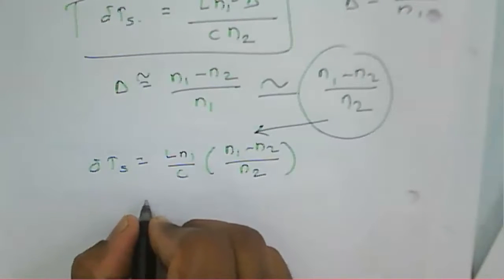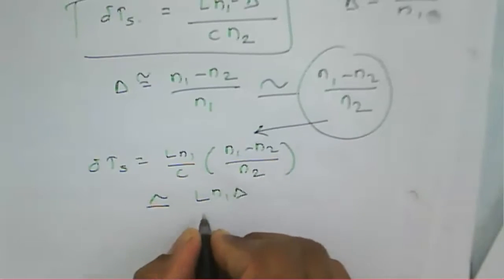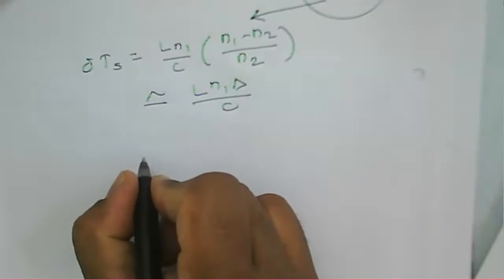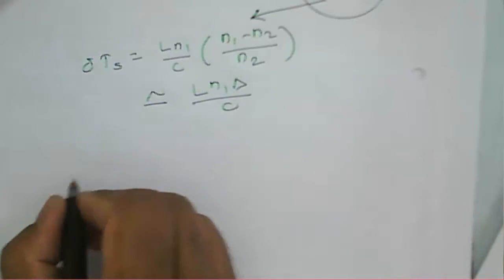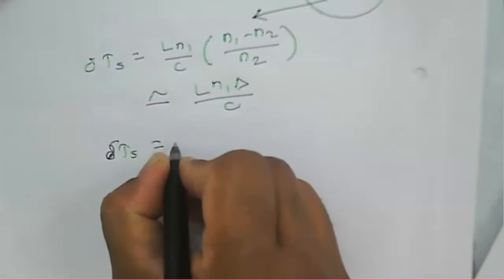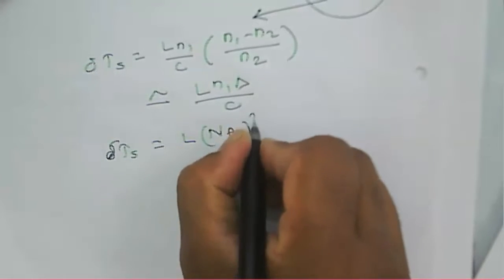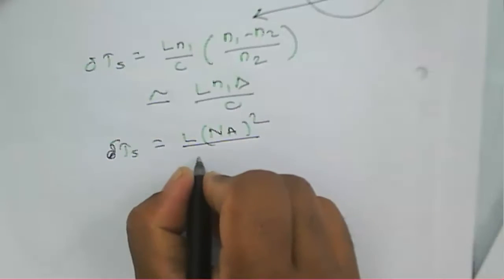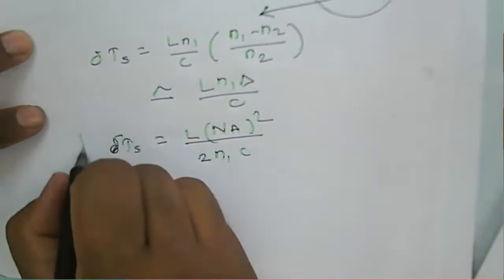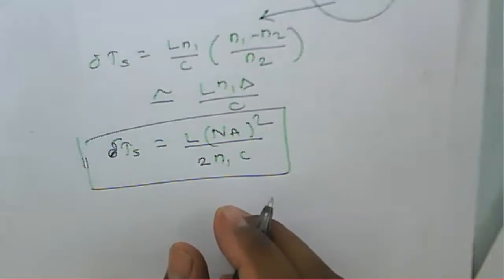Then if we solve further, it will be L n1 del by C. So we can write, in terms of the numerical aperture, del Ts is equal to L times numerical aperture squared by twice n1. How does this occur?